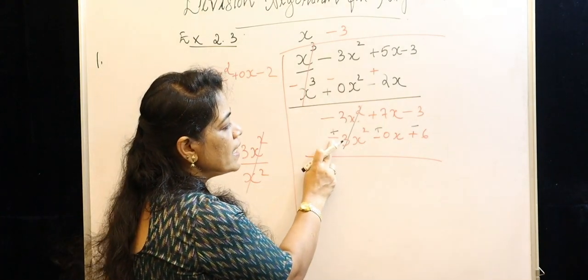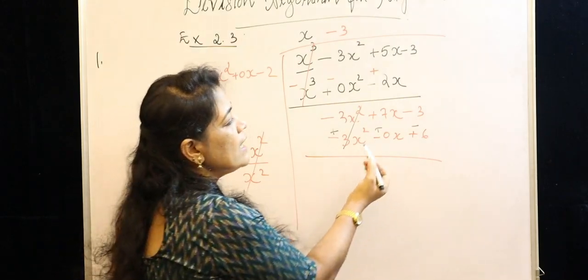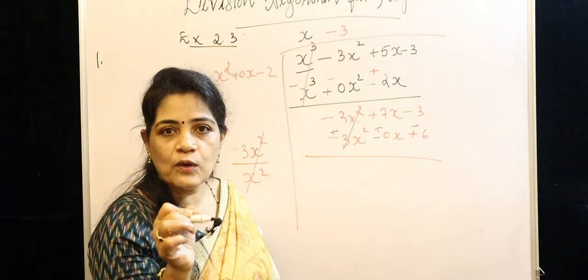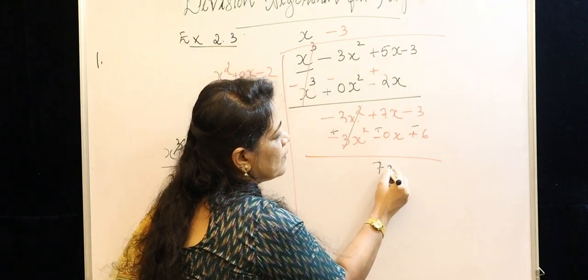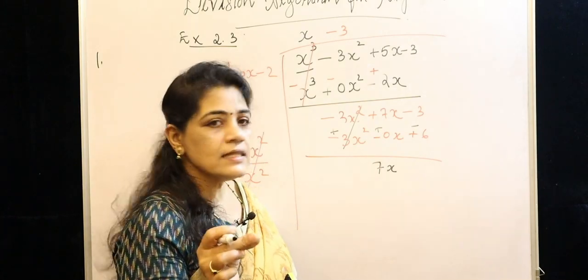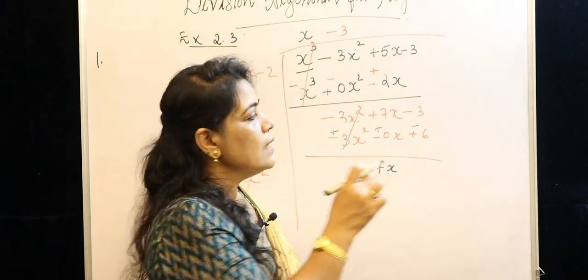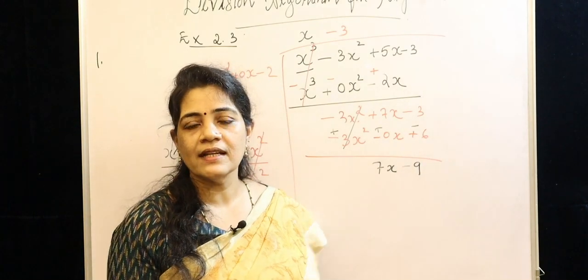After changing minus into plus, both get cancelled. Here plus 7x and 0x, that is 7x itself, plus 7x. And here the constant minus 3 plus minus 3 minus 6 is minus 9. This step is okay, children.